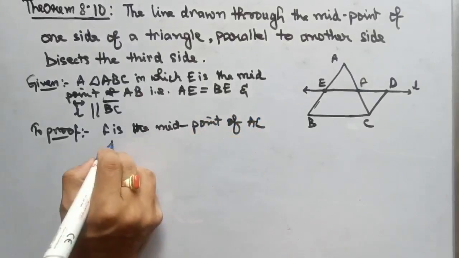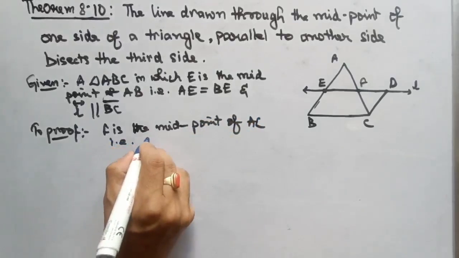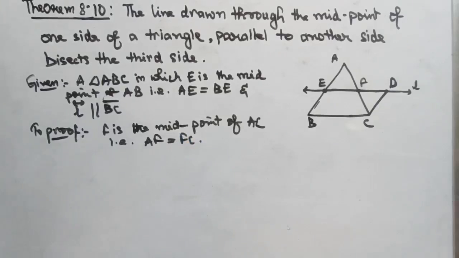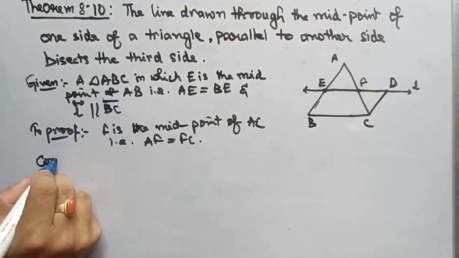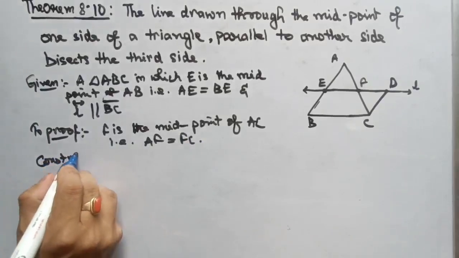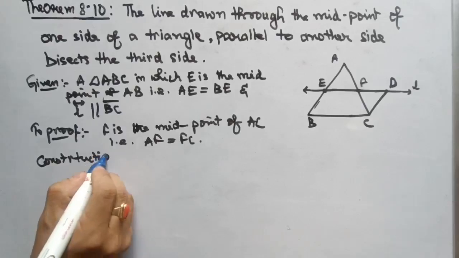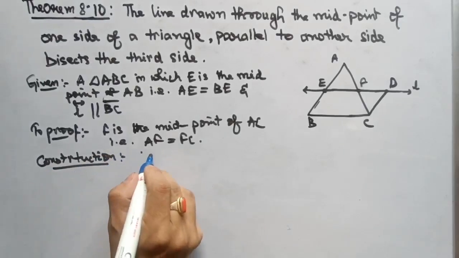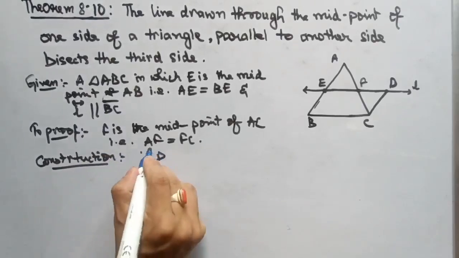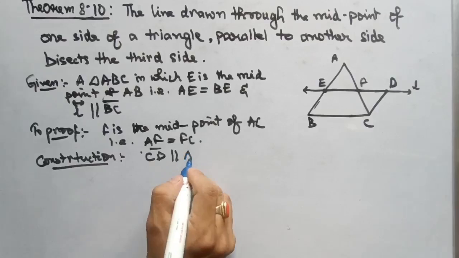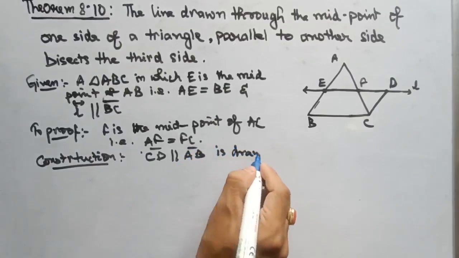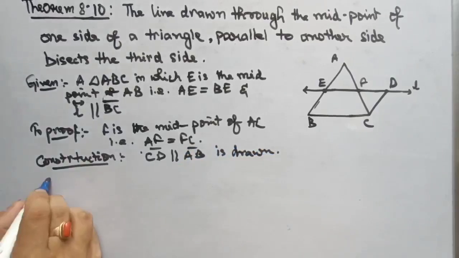That is, AF is equal to FC. Construction: CD parallel to AB is drawn. Now proof.